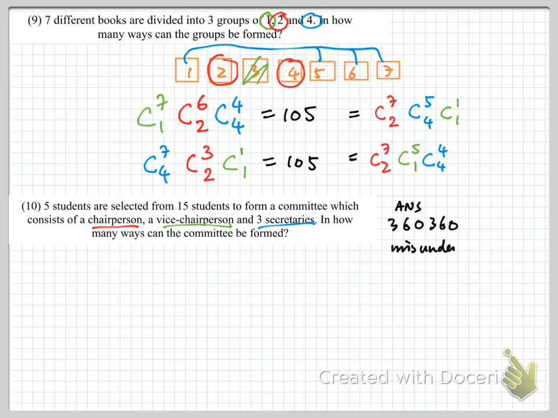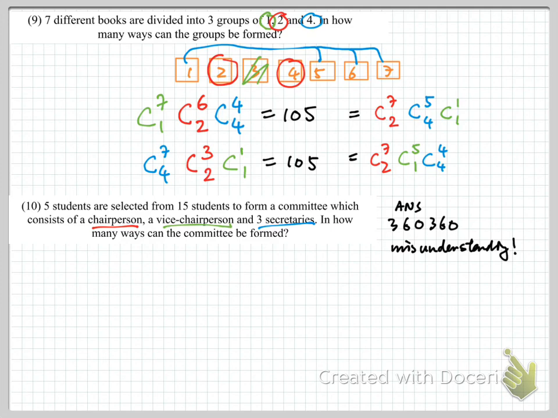In the original question, the chairperson and the vice chairperson are 2 different posts. But the 3 secretaries are the same post. They do not classify themselves as the finance secretary, the publication secretary, whatever. The 3 secretaries are the same.